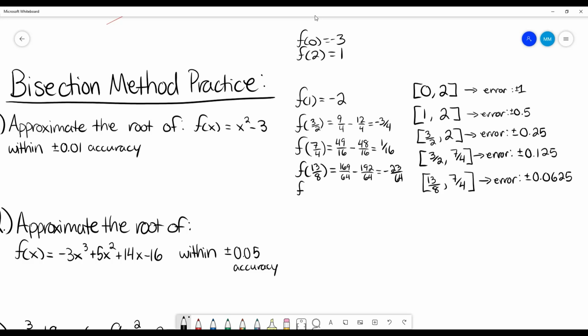So let's try another one. Between 13/8, which is 26/16, and 28/16, 27/16 is going to be our next x value that we plug in. And that is a little trickier to do in my head.